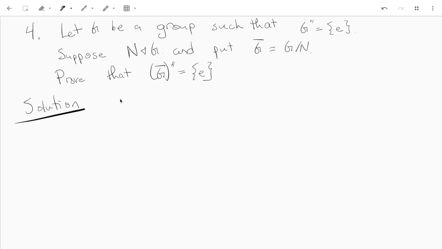Okay, so there's a couple different ways to do this, but I'll try to give you one idea. We want to establish this. Well, let's remember a few properties about the commutator subgroup.